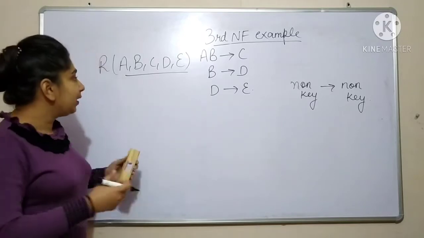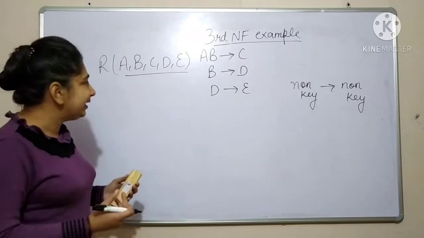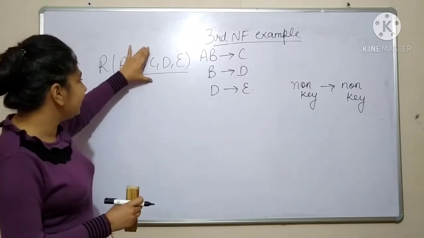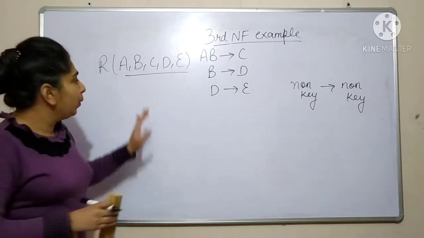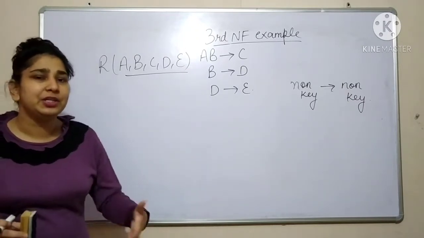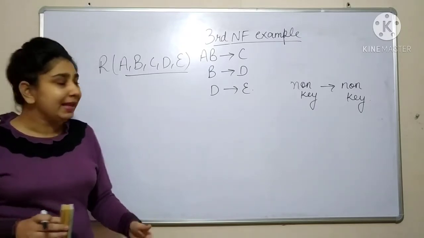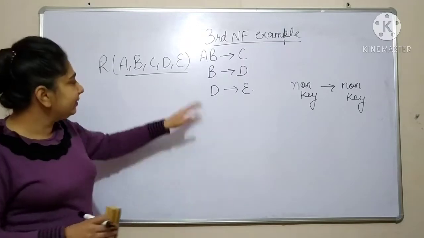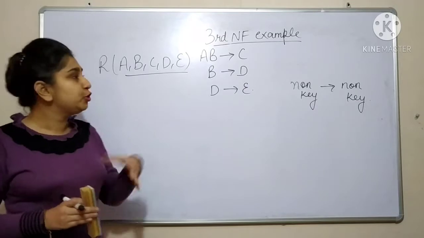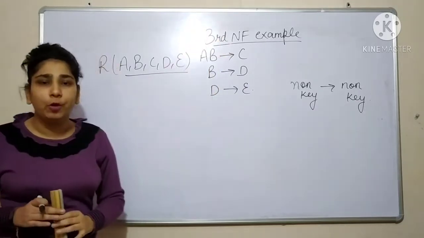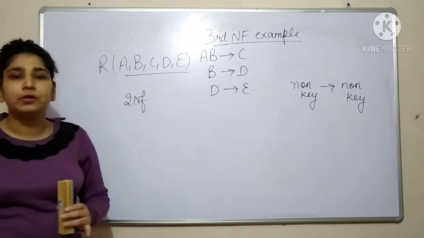So how do we work on the normal forms? Whenever we are given any relation and functional dependencies, we assume that the relation is already in the first normal form. To make it into the third normal form, we first check if it is in the second normal form or not.